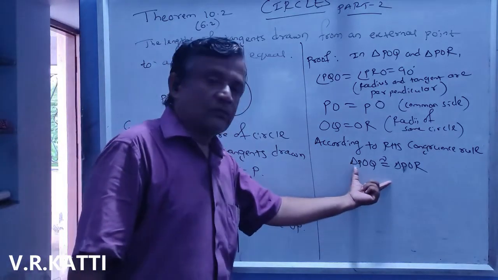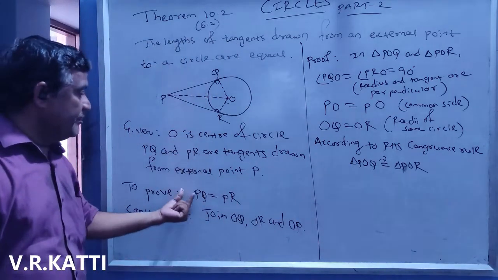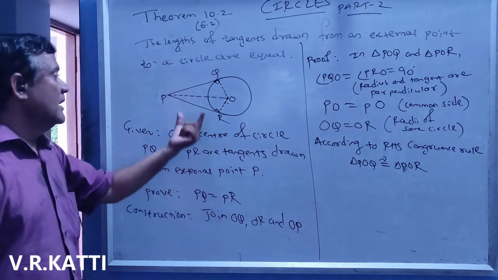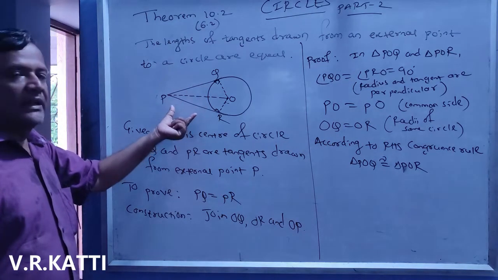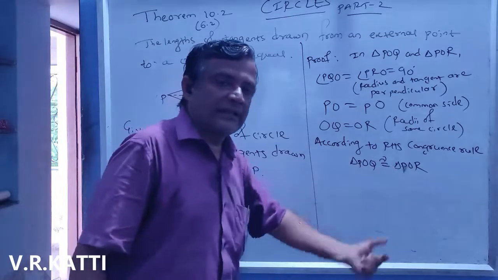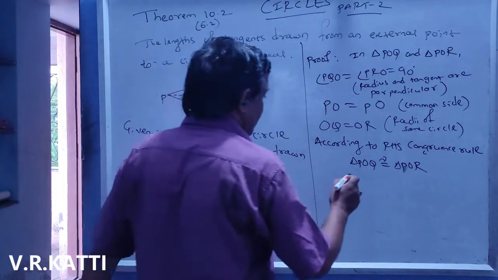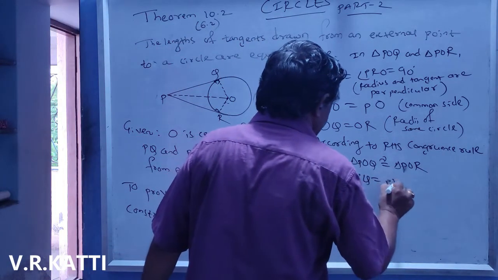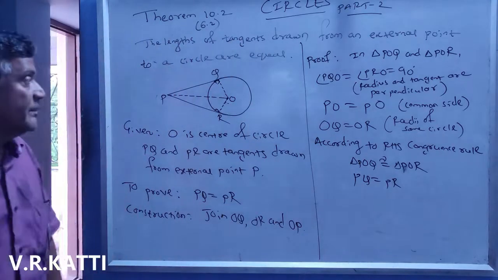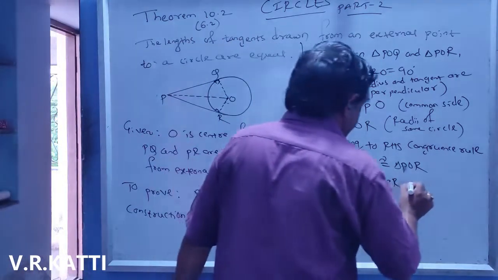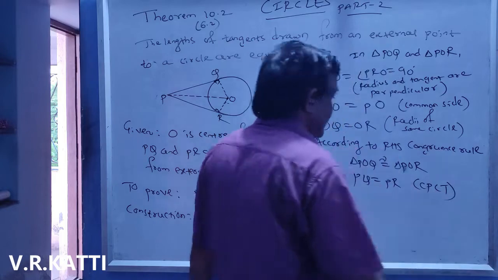From these two triangles, what do we require? We require PQ equals PR. Once the two triangles are congruent, PQ equals PR. That is CPCT.